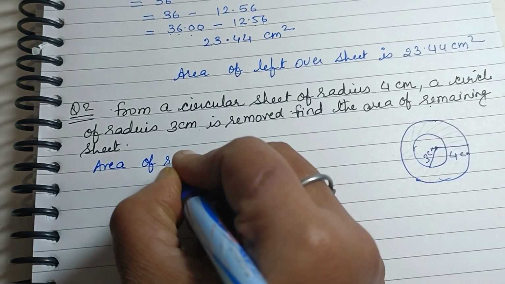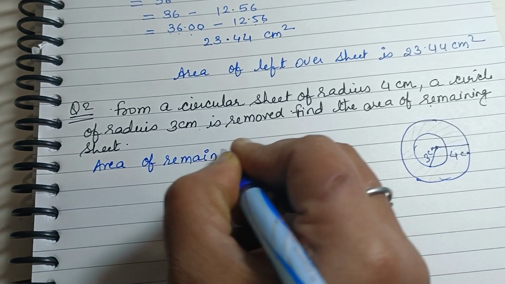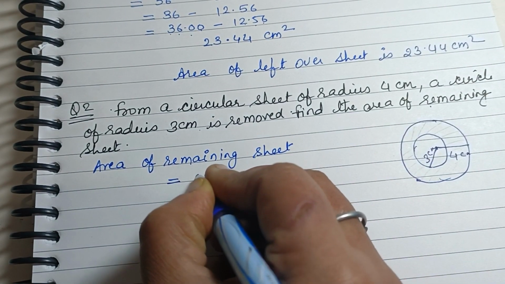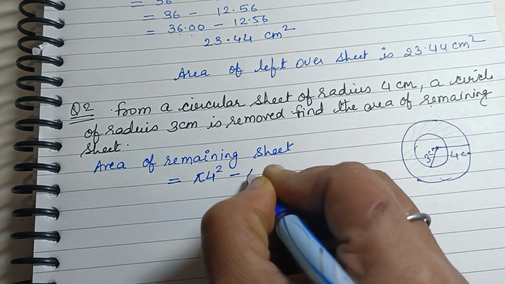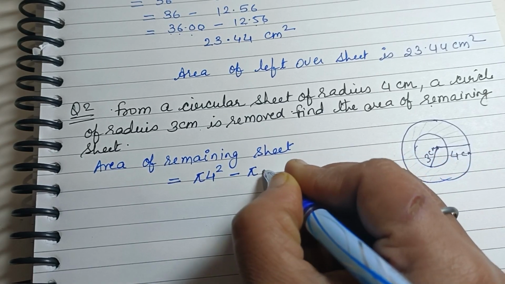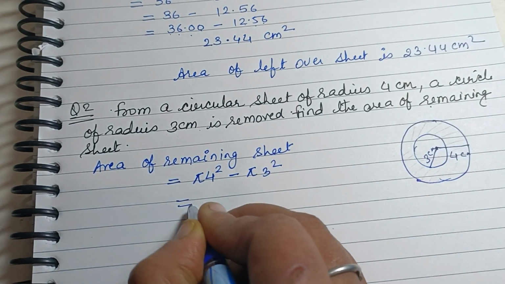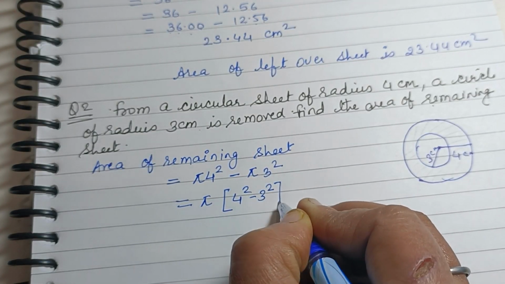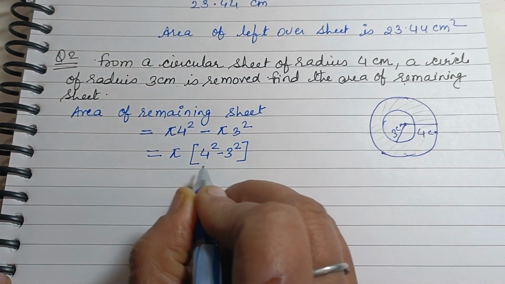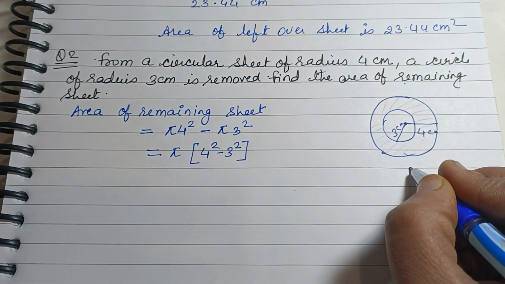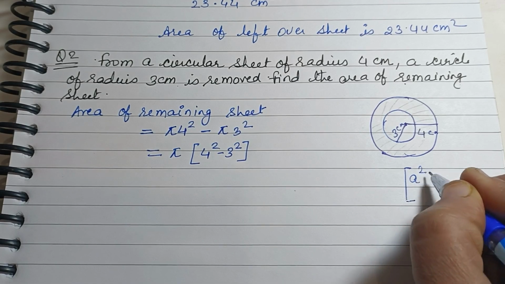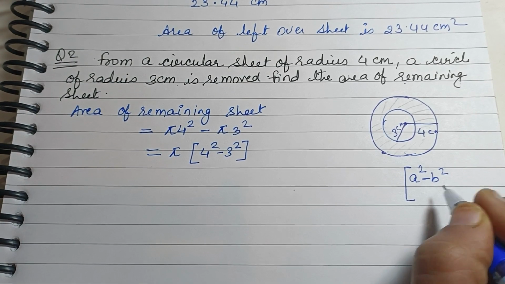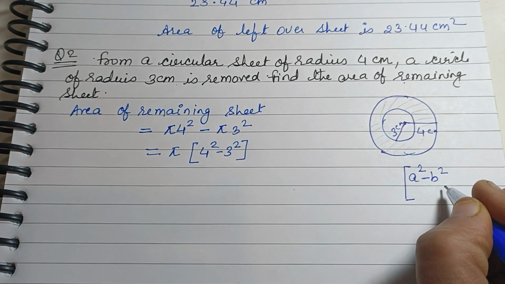Area of remaining sheet is pi 4 square minus pi 3 square. What is common here? Pi. Now what is left? 4 square minus 3 square. Whenever the situation is like this, suppose there are two numbers, a square minus b square, the squares of two numbers subtracted from each other, how are you going to solve it?